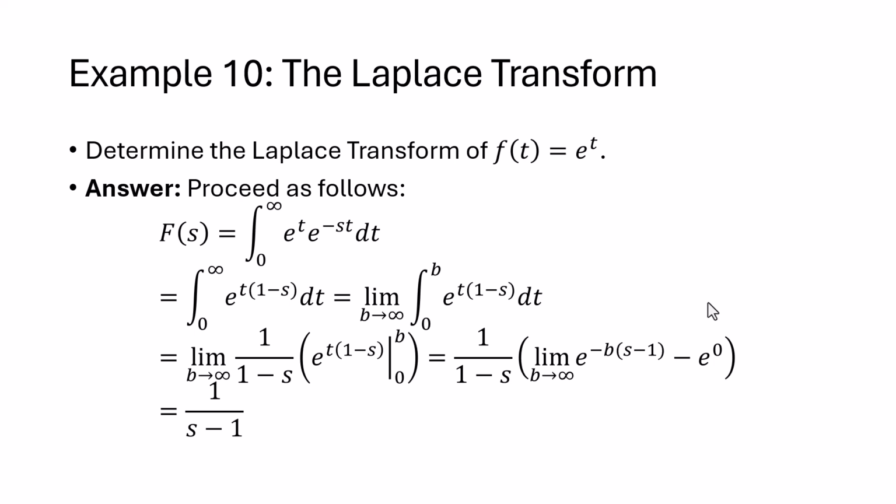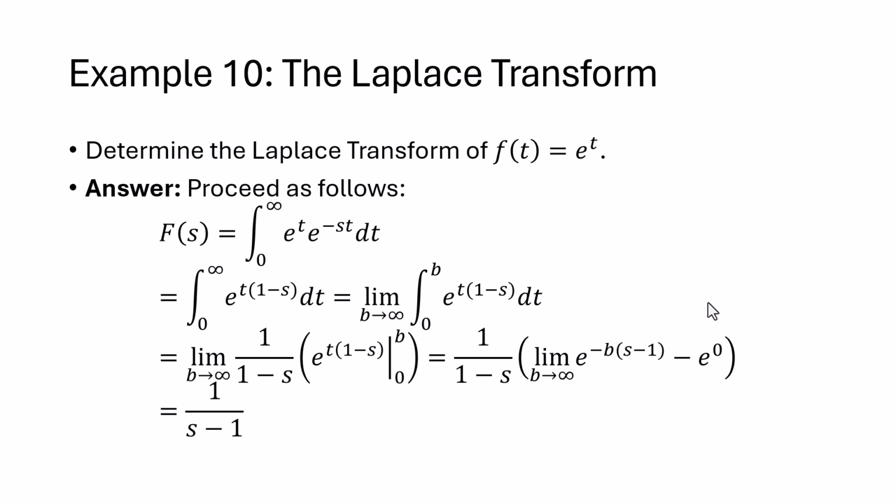Now this is a type 1 improper integral, so I back off the infinity and use the limit notion, and I get the limit as b approaches infinity of the integral from 0 to b, e to the t times 1 minus s dt.